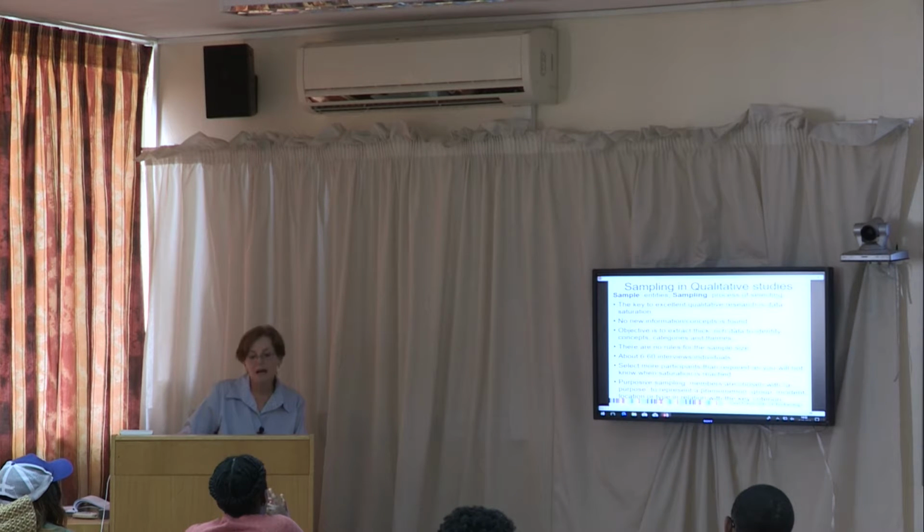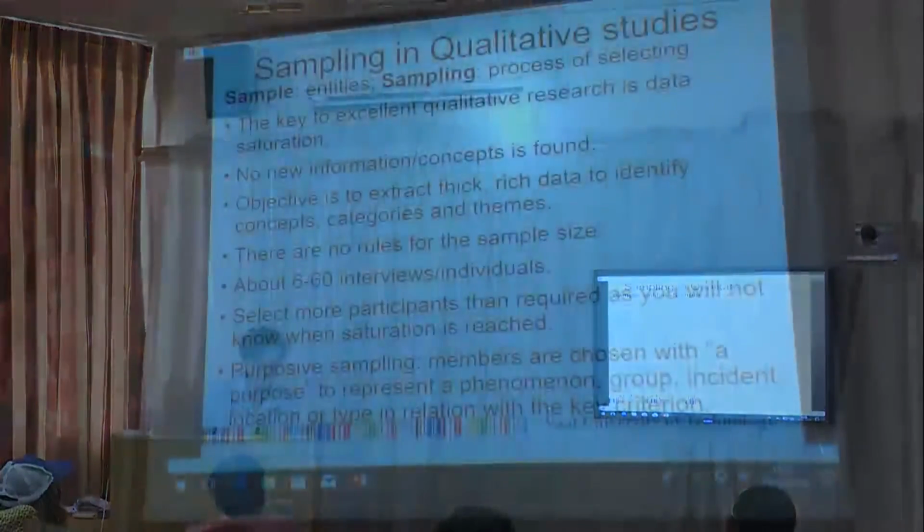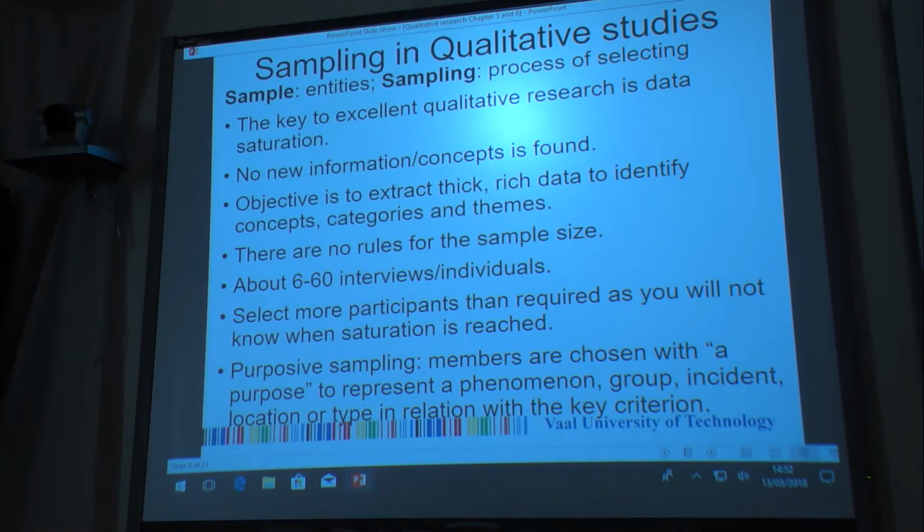Right. In qualitative studies, coming back to the sampling, there are no rules for the sample size. I have seen a colleague of mine who interviewed 2 people and did a whole D on 2 people. So the sample was 2 persons. While other people, I've done also a qualitative study with my PhD, I had about 56 participants in my study.